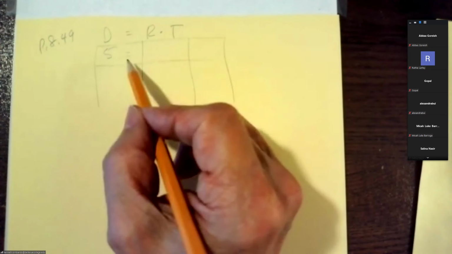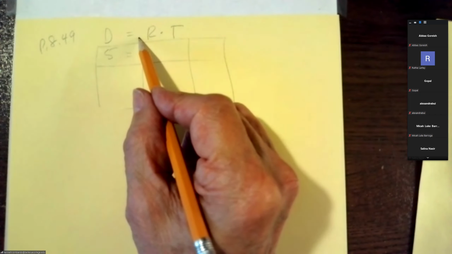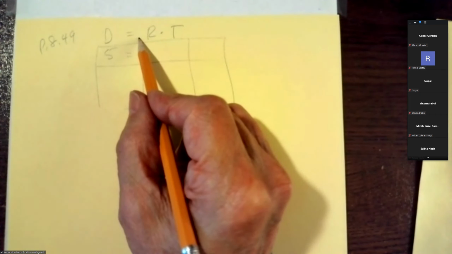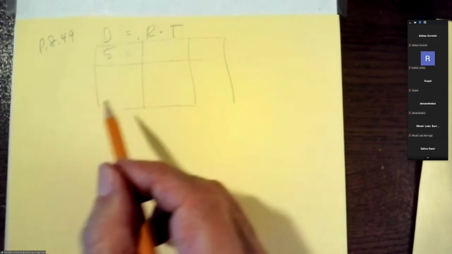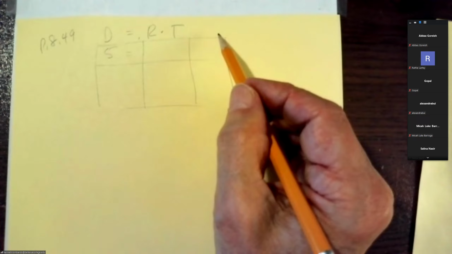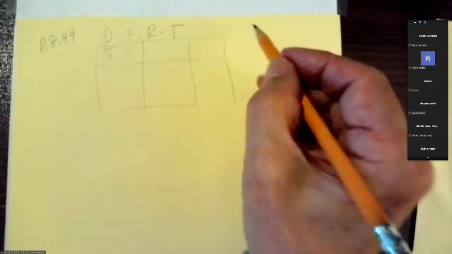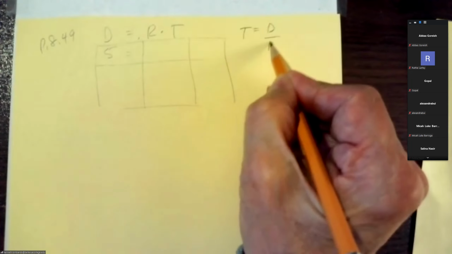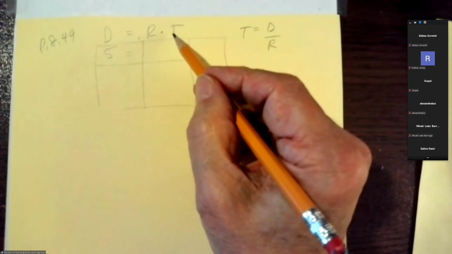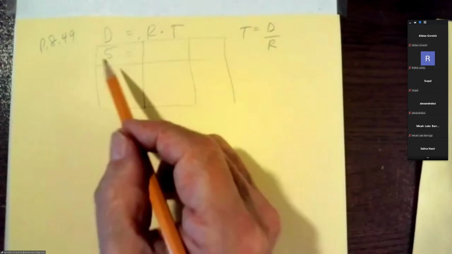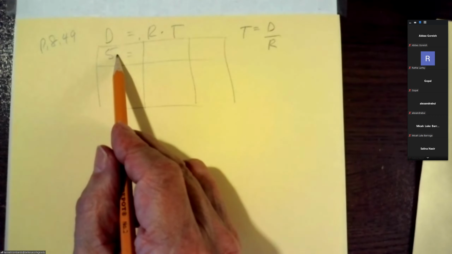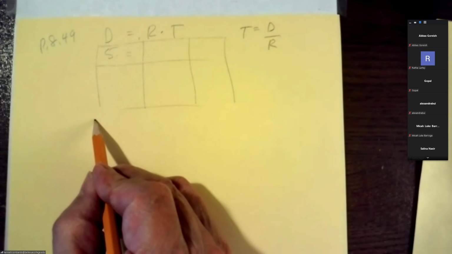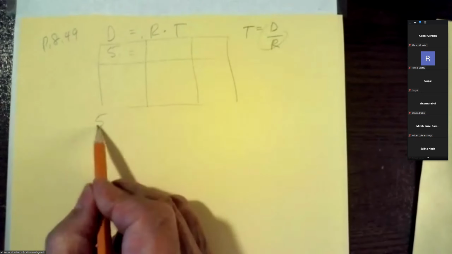So we're going 5. Distance equals rate times time. We're trying to solve for time, so t equals d over the rate, because that's what we're trying to solve for. Let me rewrite this: in one direction, it's 5, distance over rate.